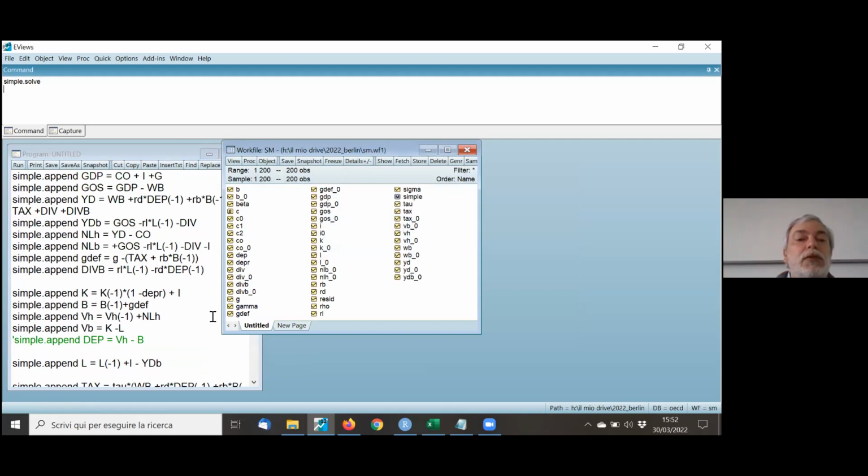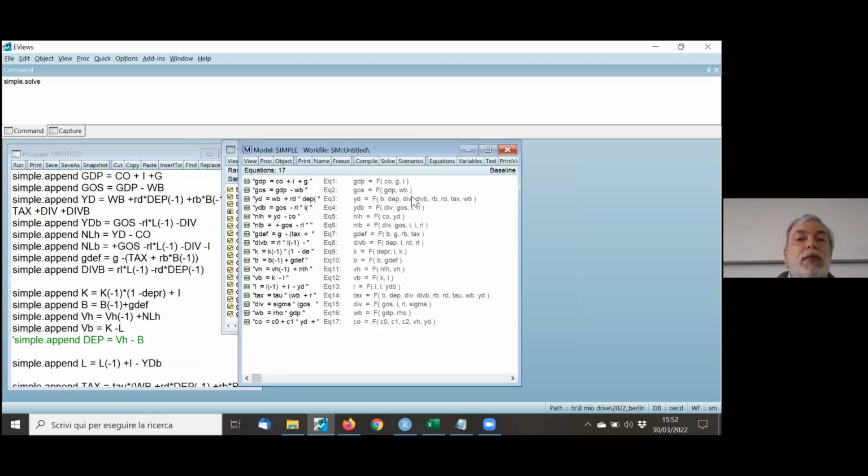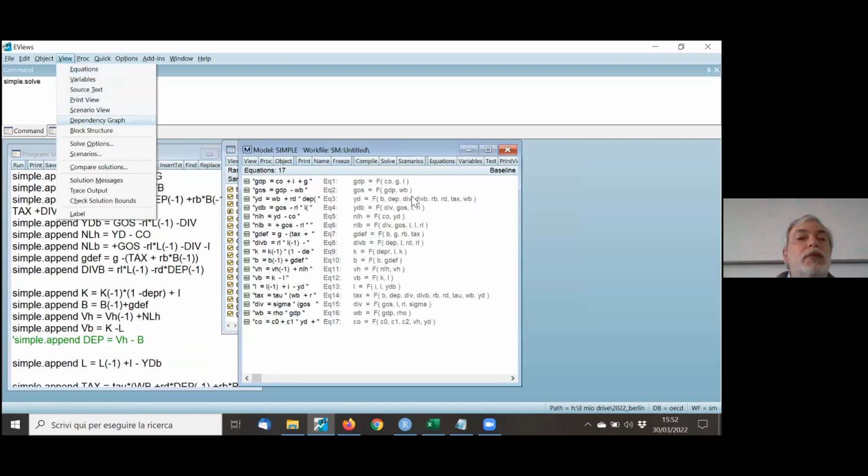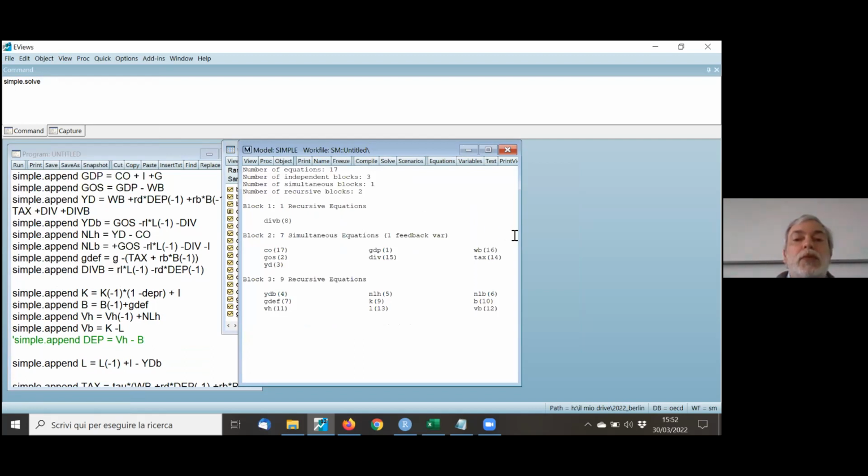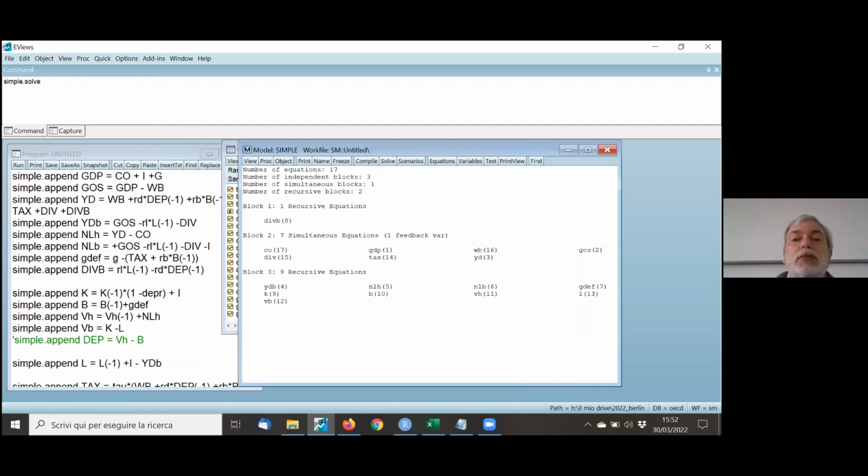No, it's not this one. But this is strange because now the only feedbacks are through consumption and GDP and disposable income.